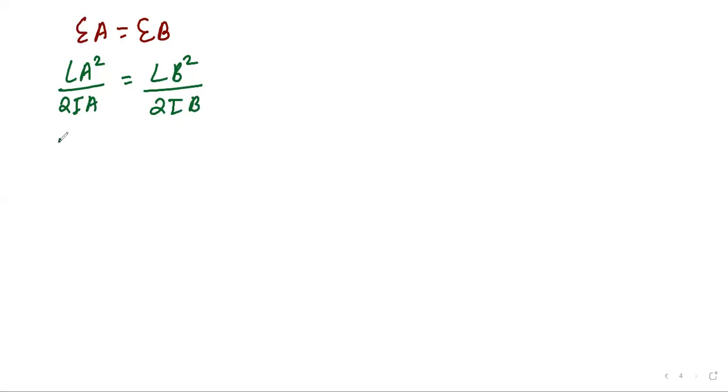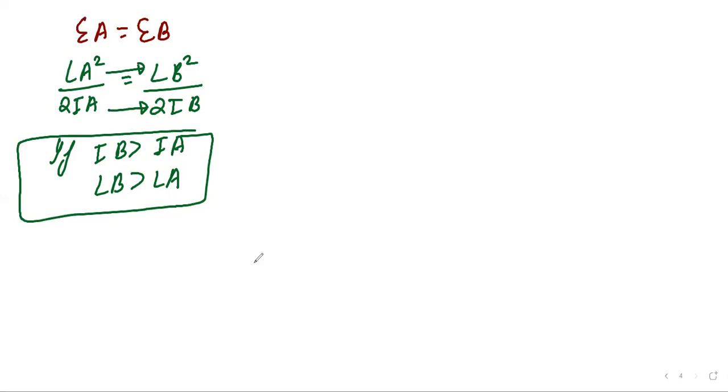If IB is greater than IA, LB will be greater than LA. So this is the relation between them, right? They are directly connected now. That's why you can conclude this part.